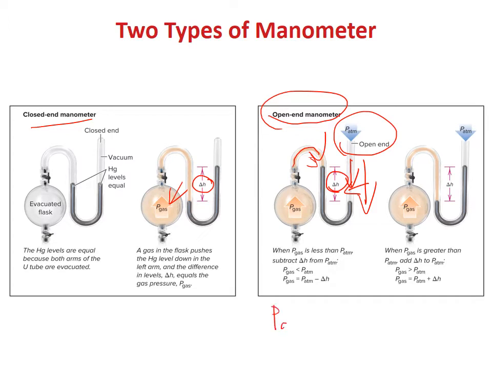So the pressure of gas in this case is equal to the pressure of atmosphere minus delta H. In this diagram, because the gas pushes down more than the atmosphere, the gas pressure is greater than atmosphere by delta H. So in this case, the pressure of gas equals the atmosphere pressure plus delta H.